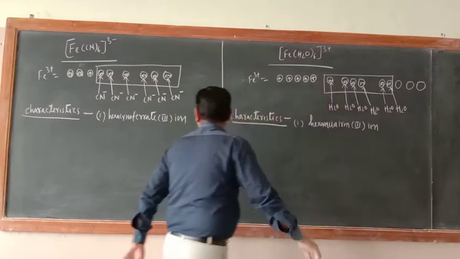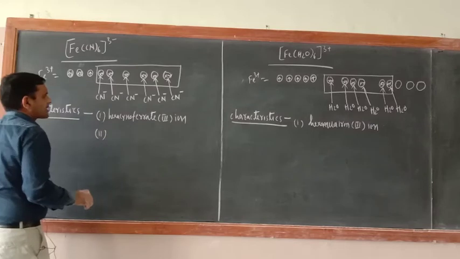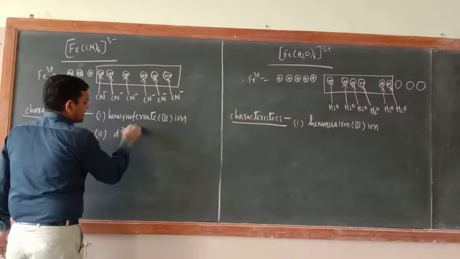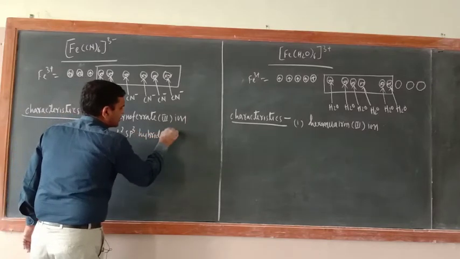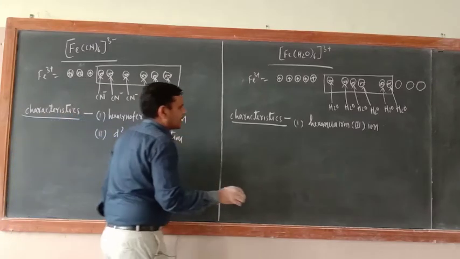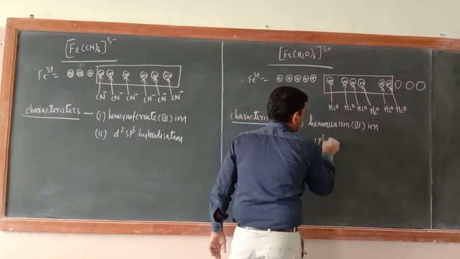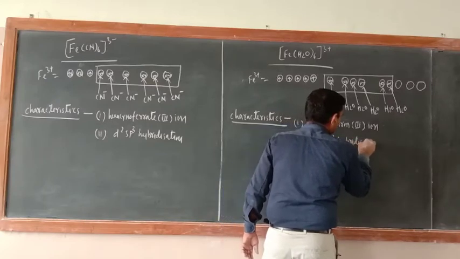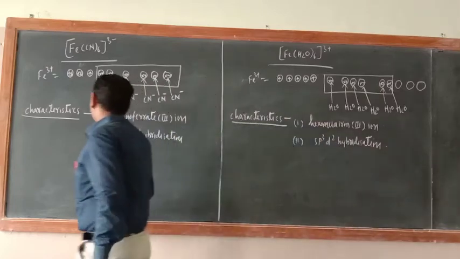Okay, here what is the second characteristic? Second characteristic is hybridization, d2sp3 hybridization. Okay, d2sp3 hybridization. Here what would be the hybridization? sp3d2 hybridization. What is the third one?